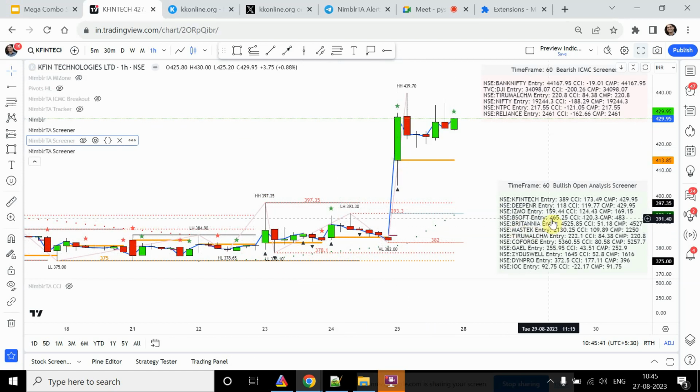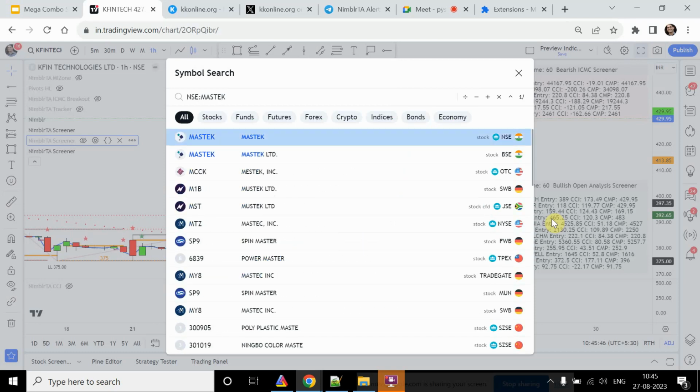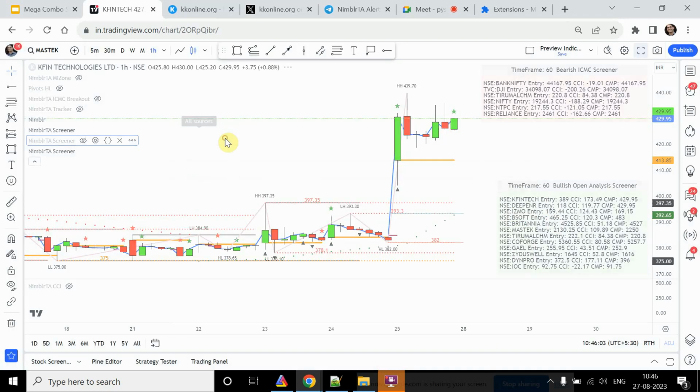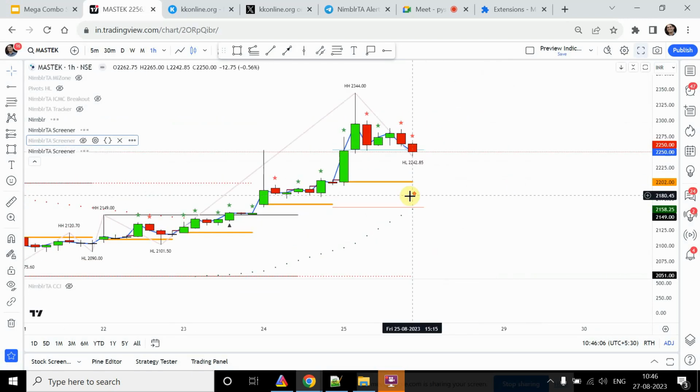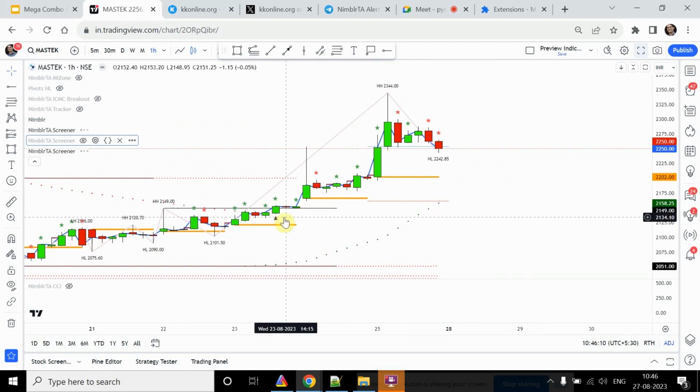Similarly, if we see Mastek over here, these are some of the stocks which have been spoken about on Twitter by Dishma sir. When we see these on the screener, it gives us a double tick that our screener is working fine and it matches what NimblrTA has taught us. Mastek again, the open of the day was above the previous day's open, and then it moved on the upside.